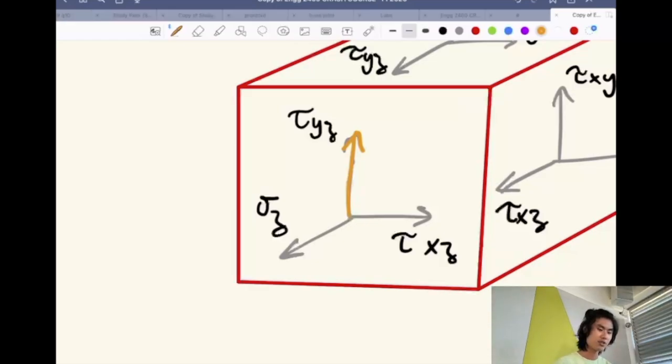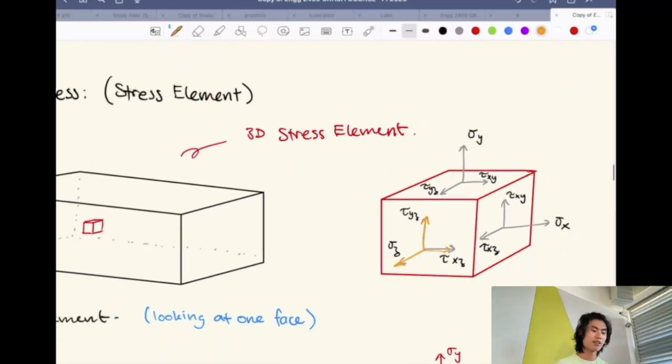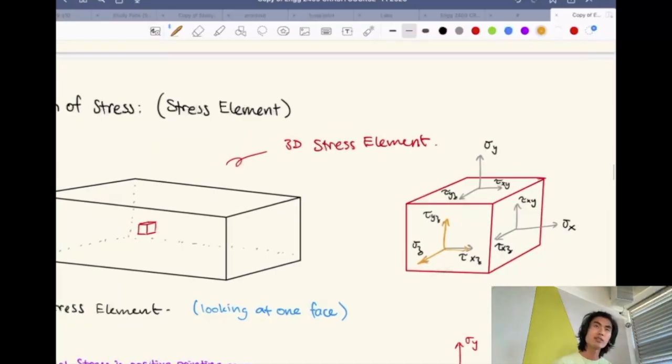Then you have 2 more stresses. You have one that's away, and that's going to be your axial stress, right? So there'll be 2 shear stresses and 1 axial stress along every single plane of the cube. But in this course, just for simplicity, we're going to look at a 2D element.